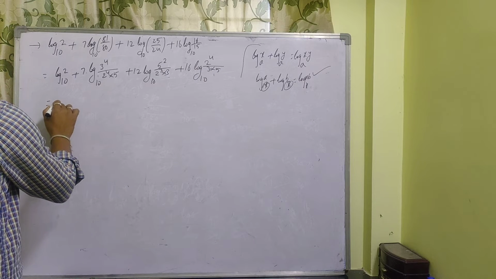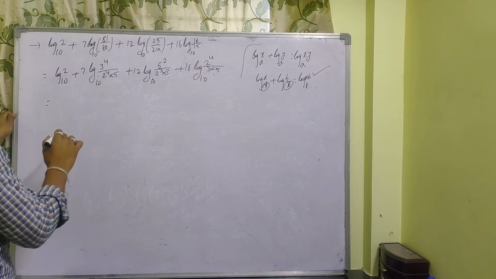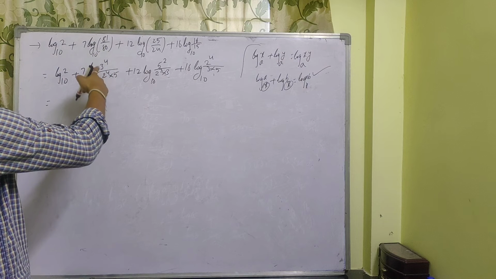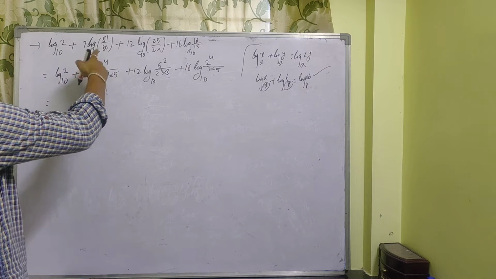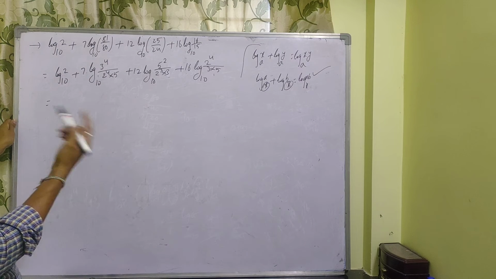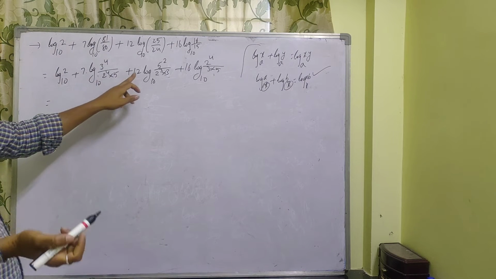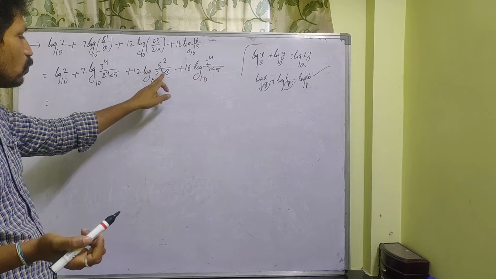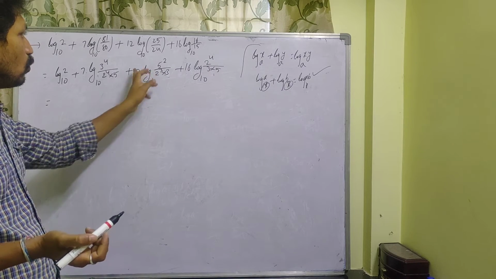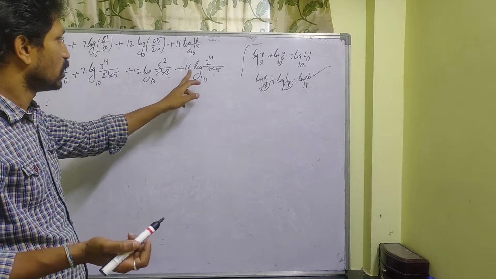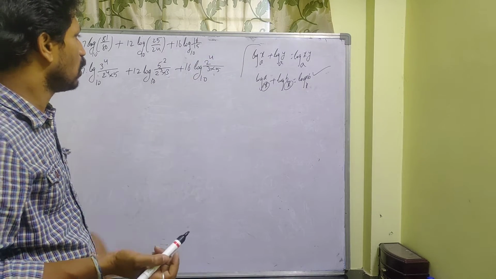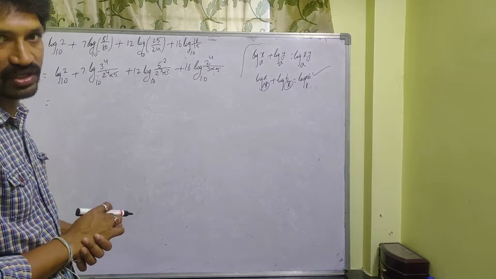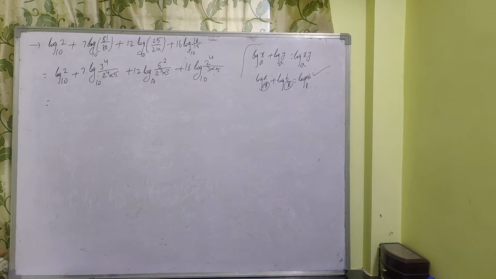So this is nothing but here 7 is there, 3 power 4 by 2 power 4 into 5 whole power 7 you can write for our convenience. That is, this 12 also you can write 5 square by 2 cube into 3, so whole power 12 you can write, plus 16 into log of 2 power 4 by 3 into 5 whole power 16 also we can write. That is our convenience. Okay, for our convenience we can write any one here.